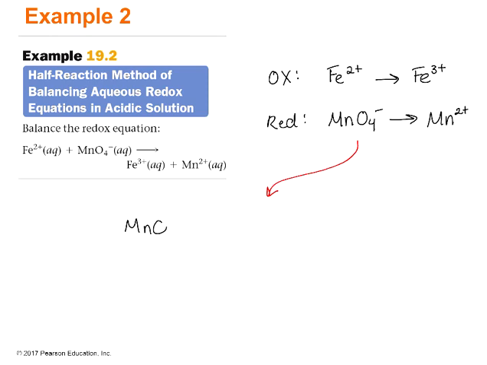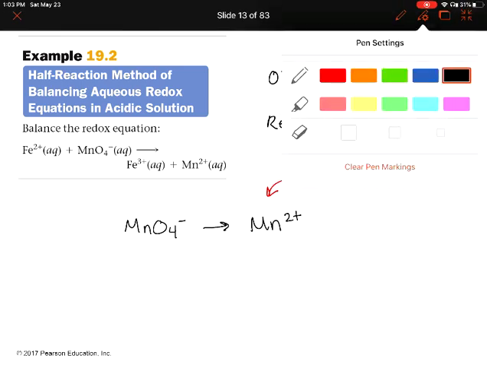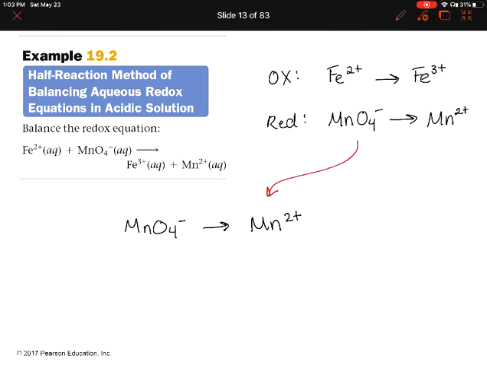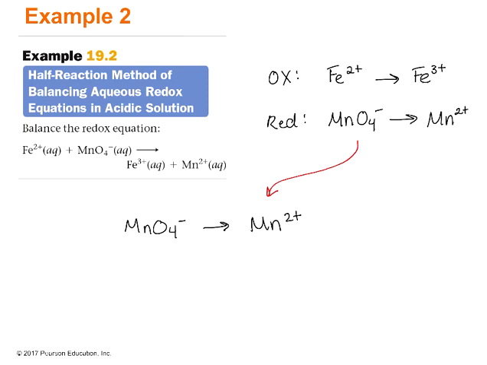Okay, so let's rewrite what we have. In order to balance the 4 oxygens on the left, we're going to add water molecules to the right because water has oxygen in it. Now, there's no harm in adding water molecules because they're neutral and the solution is already aqueous, so we know that there's water present.